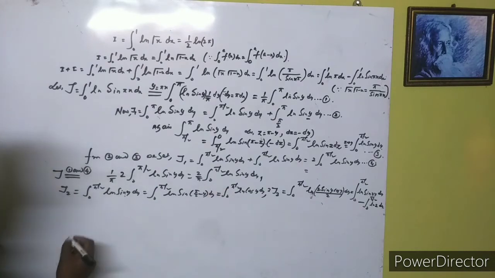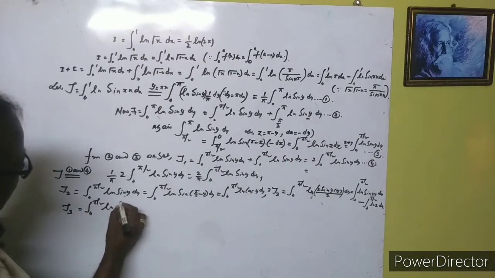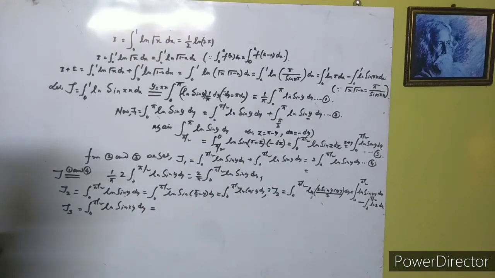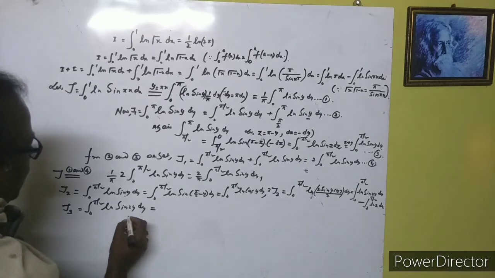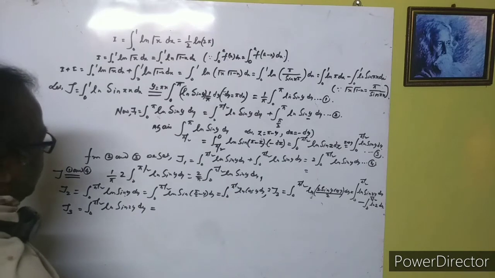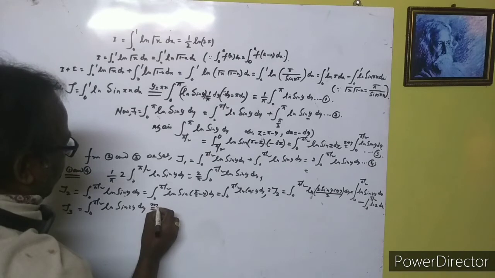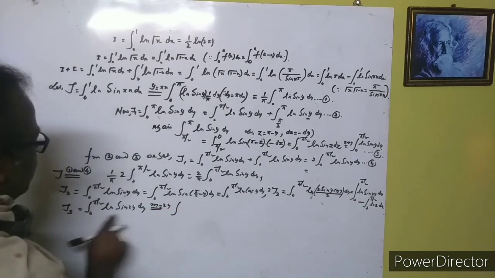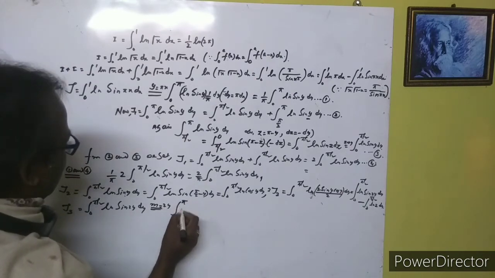Again, write the limit here, j3, this is integral 0 to pi by 2 ln sin 2y dy. So if we take m equal to twice y, then if we put 0, we get 0 here, and if we put pi by 2, then we get pi here.